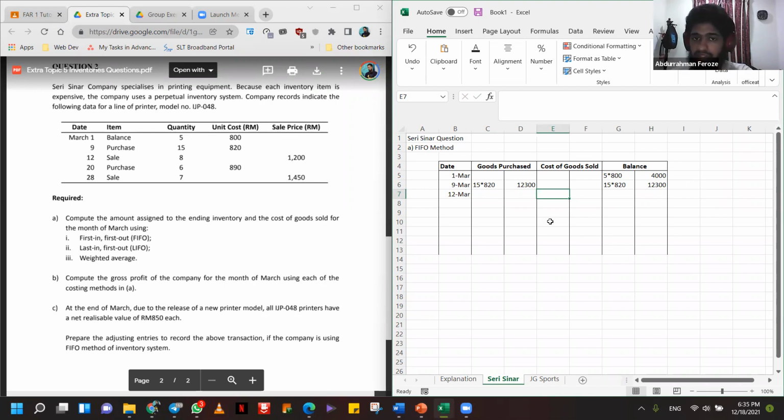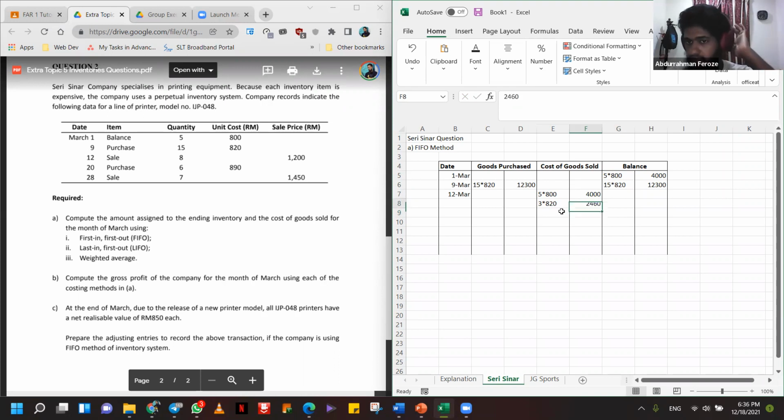Now we need to know how this would be accounted for. Because we're using first in, first out, first we have to sell the 5 printers that were there at the beginning. The cost of that would be 5 into 800, which will be 4,000. The remaining 3 that we sold will be accounted for using the other cost, 820. 820 into 3 would be 2,460.